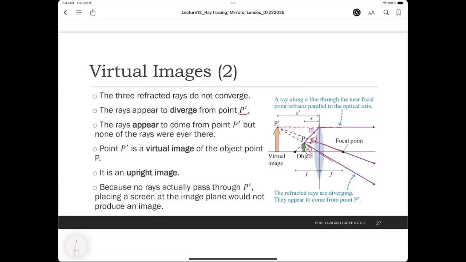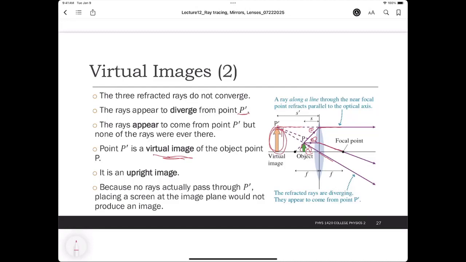So we call this point P, and this image we call a virtual point image, and it is an upright image. The object is upright, and the virtual image is also upright.